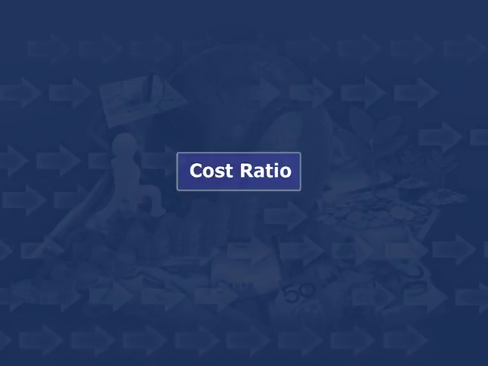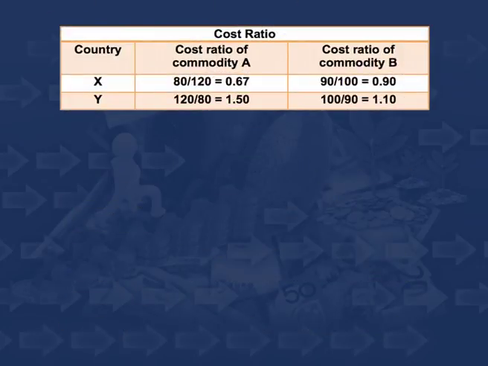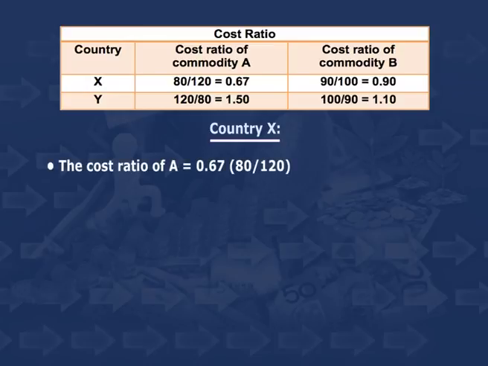Let's talk about the cost ratio. The cost ratio can be easily explained with the help of a table. Let's talk about the cost ratio in country X. The cost ratio of commodity A is equal to 0.67 and the cost ratio of commodity B is equivalent to 0.90.